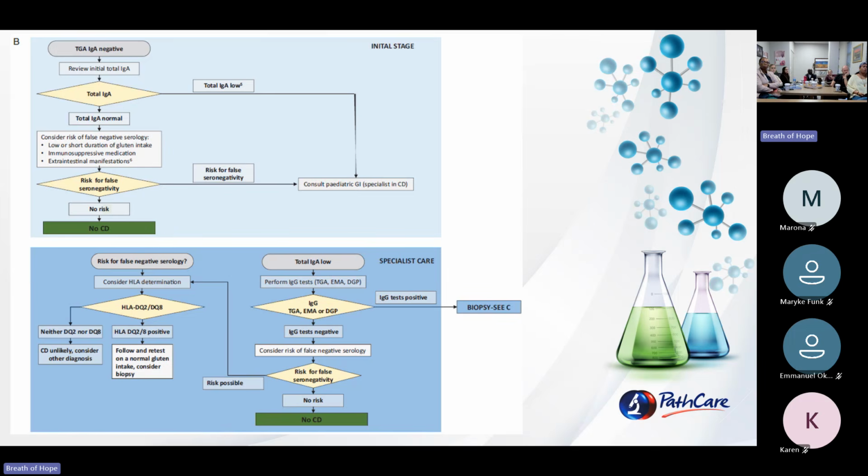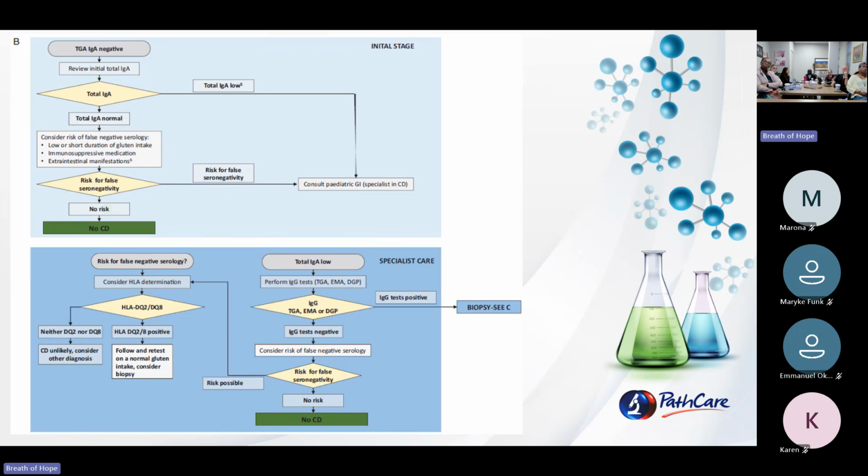If your total IgA is low, you do the IgG tests. That will be your tissue transglutaminase, EMA, and deamidated gliadin peptide. If your IgG tests are positive, then you should refer your patient for a biopsy.